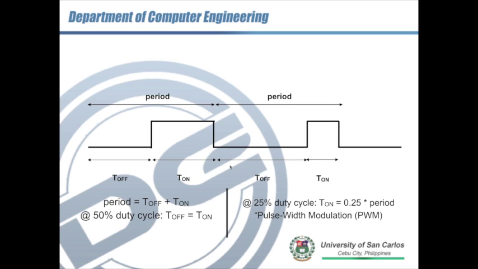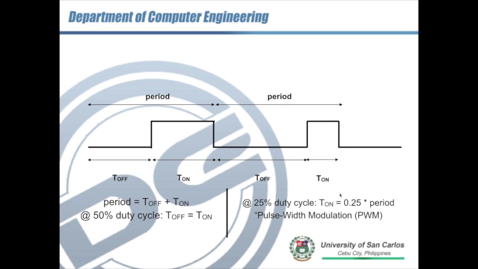If we are going to modify the duty cycle, or modulate the duty cycle, we can have the same period here, but now a different value for T off and T on. In this case, T on is just 25% of the period.